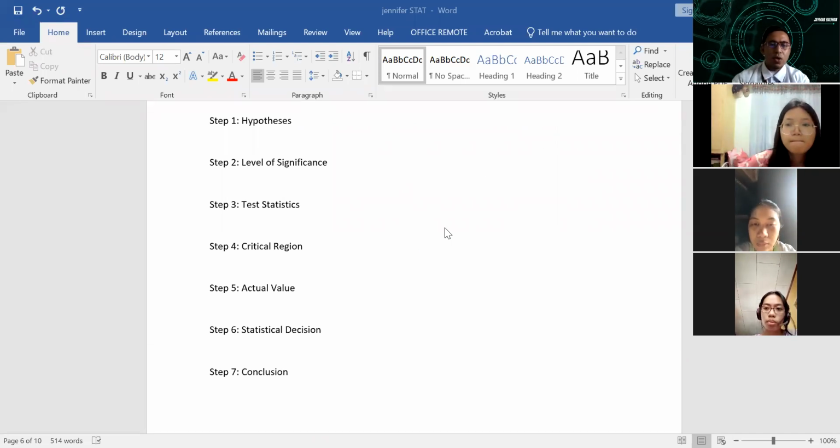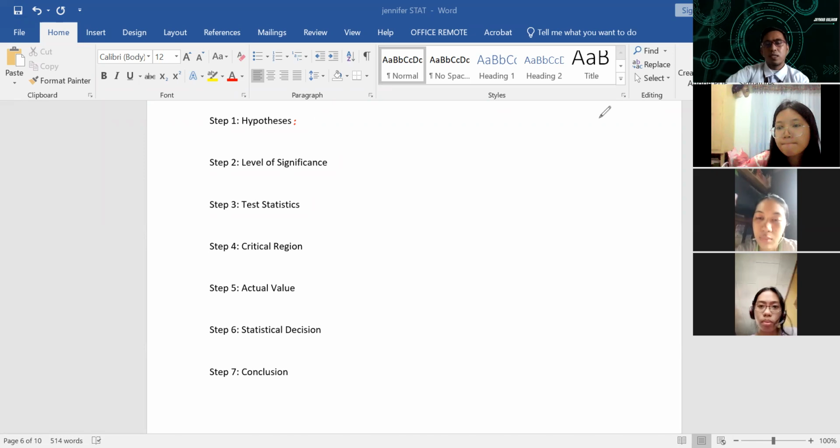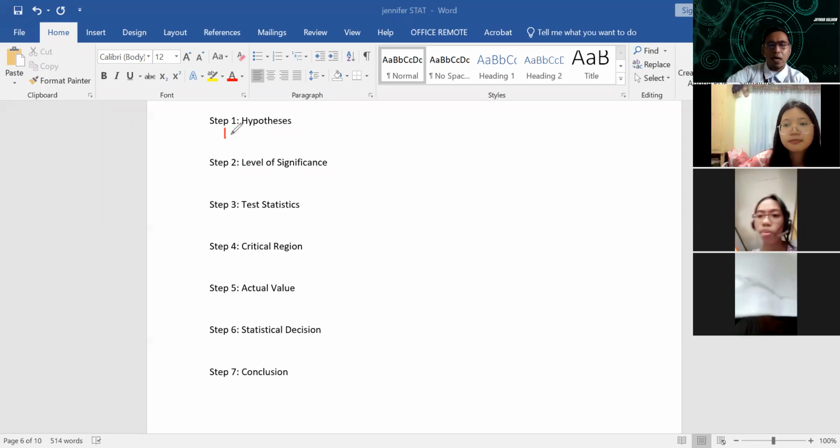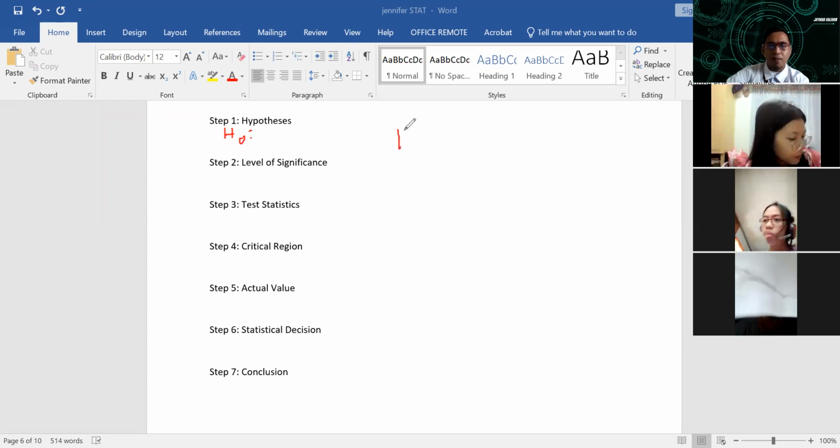Now, how to determine step 1, the hypothesis? In determining the hypothesis, you should have your null and your alternative. Your alternative hypothesis, as stated earlier, is population mean greater than 305.